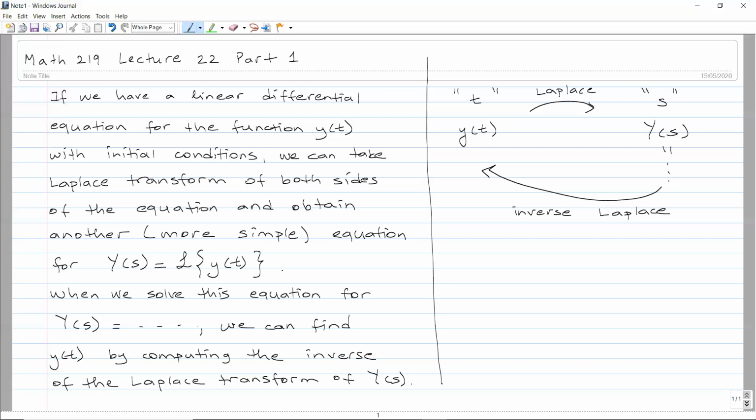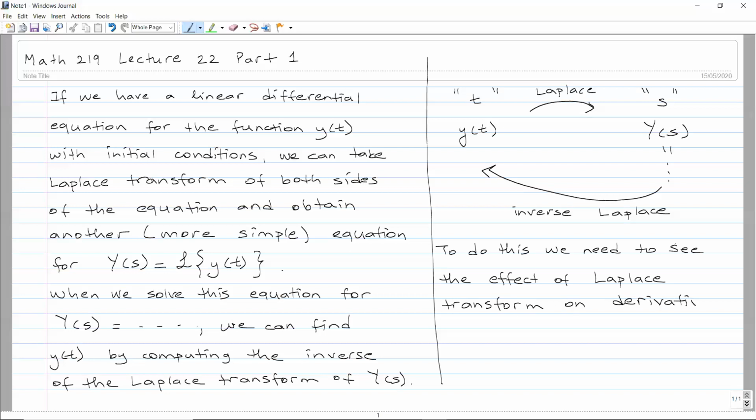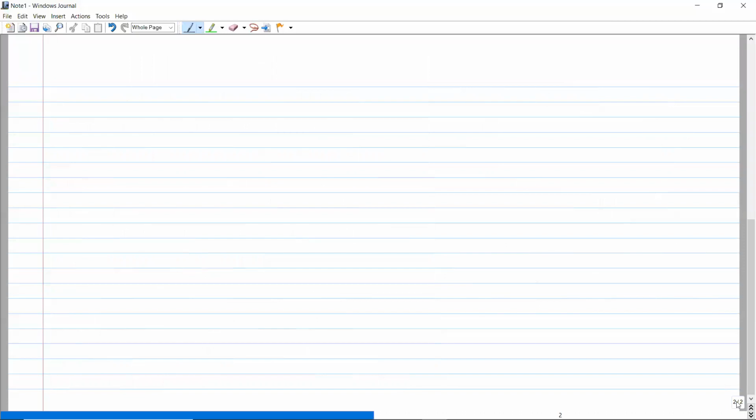Okay, so since we are going to apply the Laplace transform to a differential equation, in the differential equation we have derivatives. So to do this, we need to see the effect of the Laplace transform on derivatives. So basically, the question is then, in order to continue, we need to answer this question.